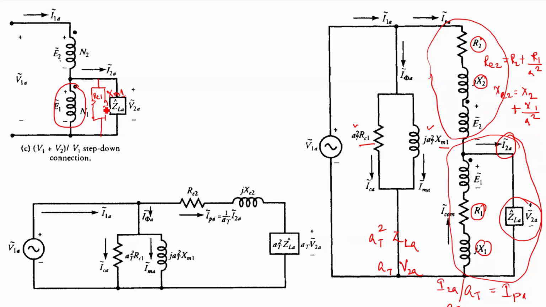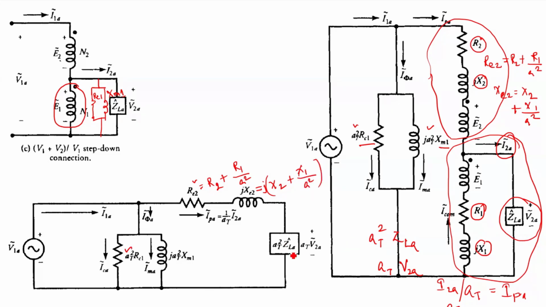Your parallel branch RC1 XM1 referred to the primary side is multiplied with AT square, RC1 AT square, XM1 AT square. And your series equivalent parameters RE2 will be equal to R2 plus R1 by A square, and XE2 will become X2 plus X1 by A square.